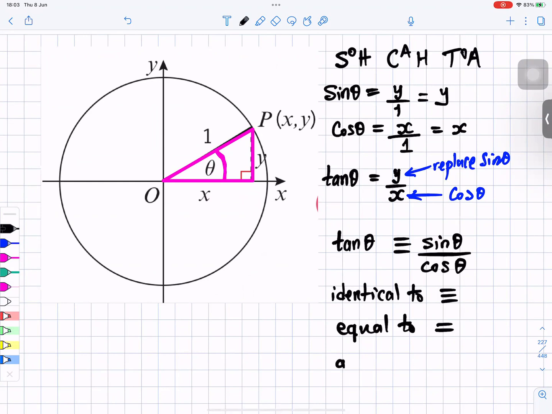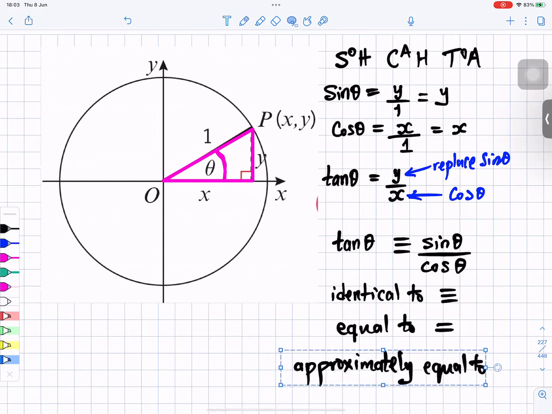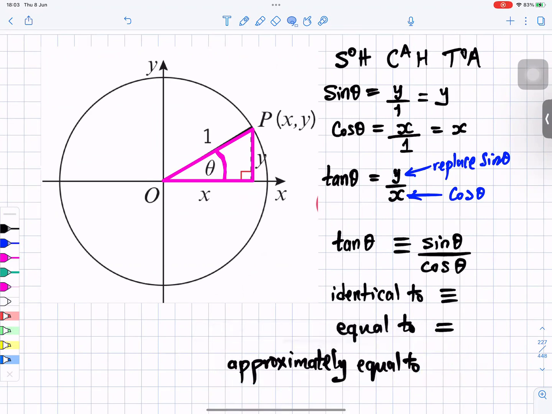And there's another one which is approximately equal to. Do you know the symbol for that one? It's the curved lines. Yes, the two like that.